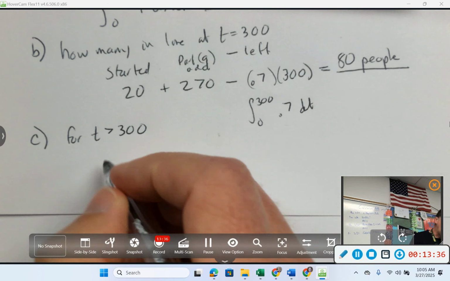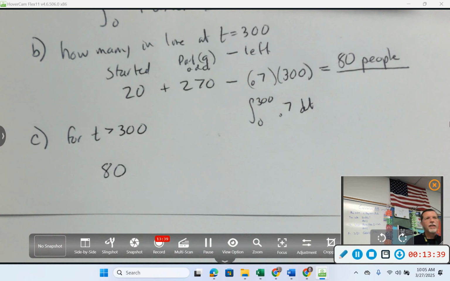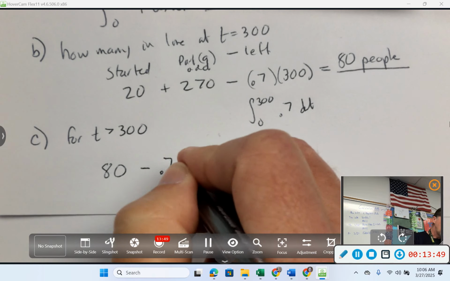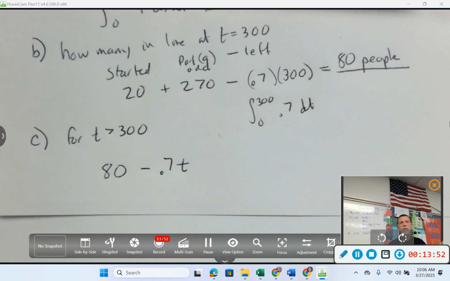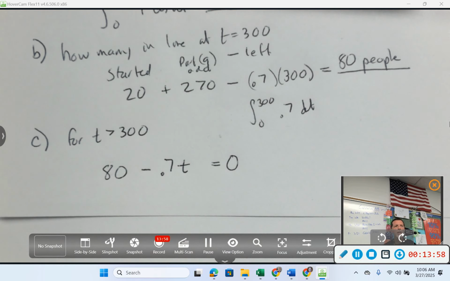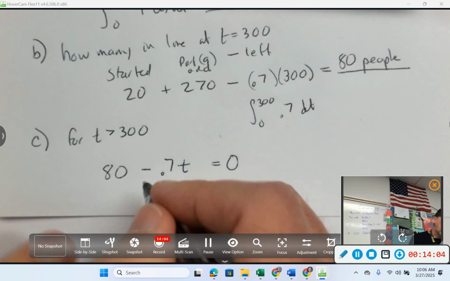So I've got 80 people. I'm not adding anybody because R went to 0 after 300, so nobody else is coming, but there are still people leaving the line, and they are leaving at 0.7 times t, and I want to know when that line gets down to 0. The math on this particular one is pretty easy.